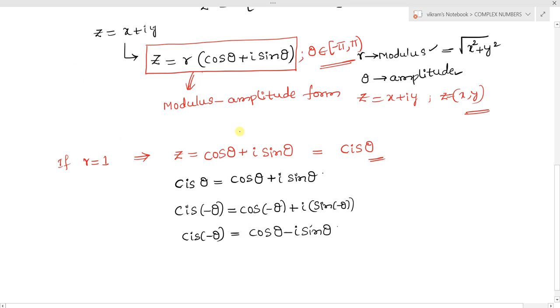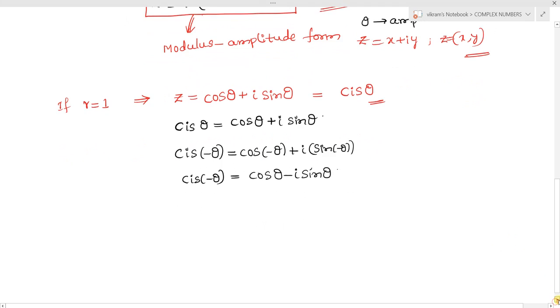Next, consider two complex numbers, z1 equals r1 times cos theta 1 plus i sin theta 1, and another complex number z2 equals r2 times cos theta 2 plus i sin theta 2.